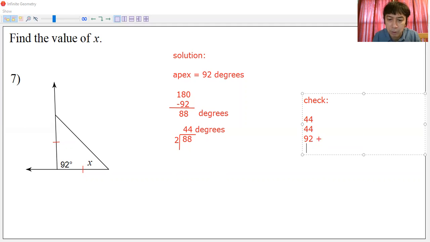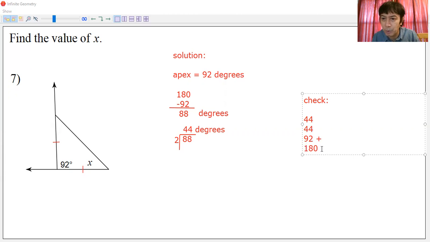This will be 10, carry over 1, that will be 5 and 4 is 9, 9 and 9 is 18, so this will be 8, 8 and a 1 there, and so this will be 180.